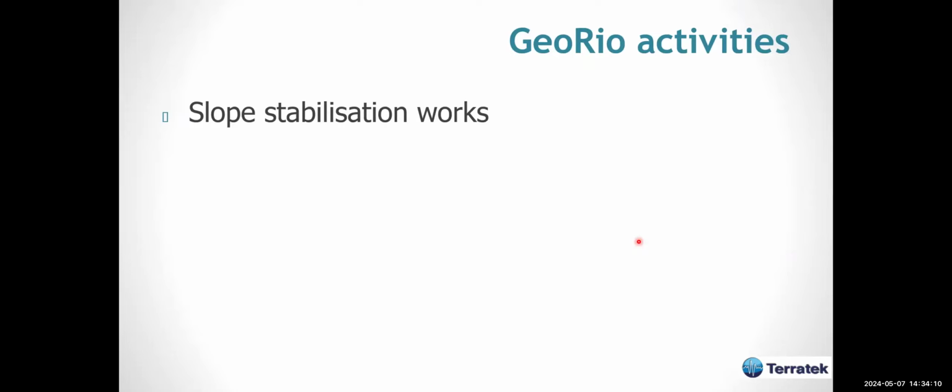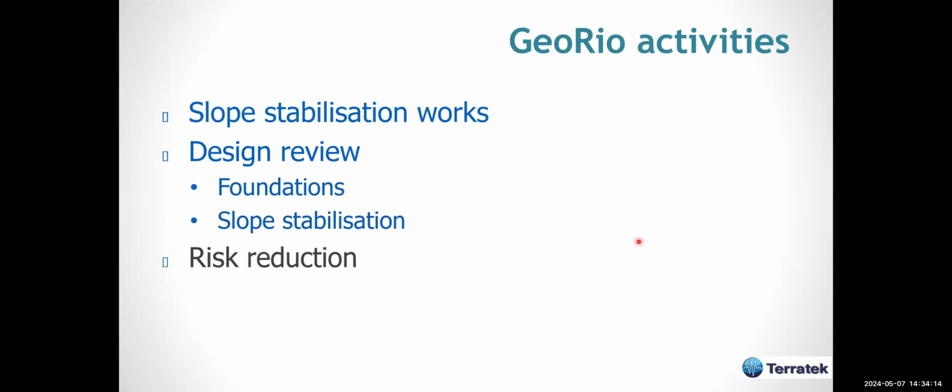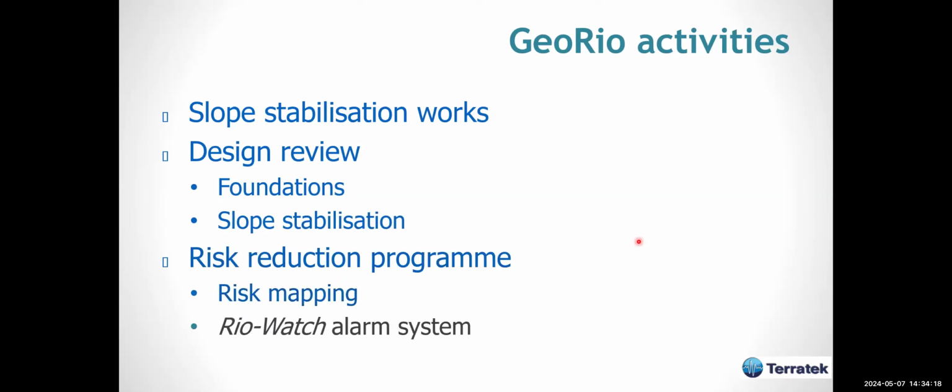This organization does slope stability works, design review of foundation of slope stabilization, risk reduction program, risk mapping, and they run what we call the Rio Watch alarm system, which was developed in 1996, 97. I worked on this project. And this is the alarm system that we're going to talk about in the last lecture of this course, okay?